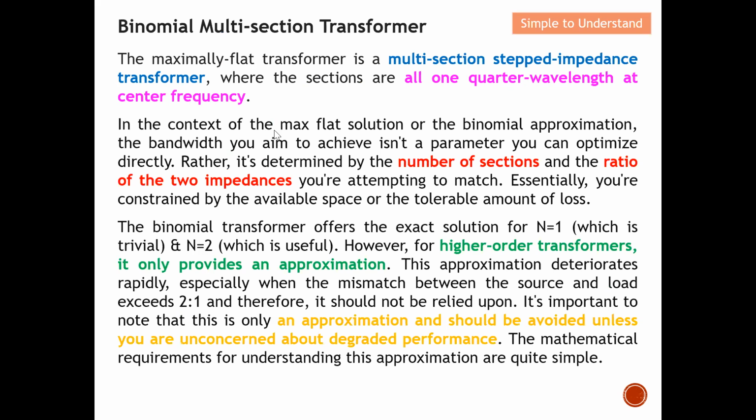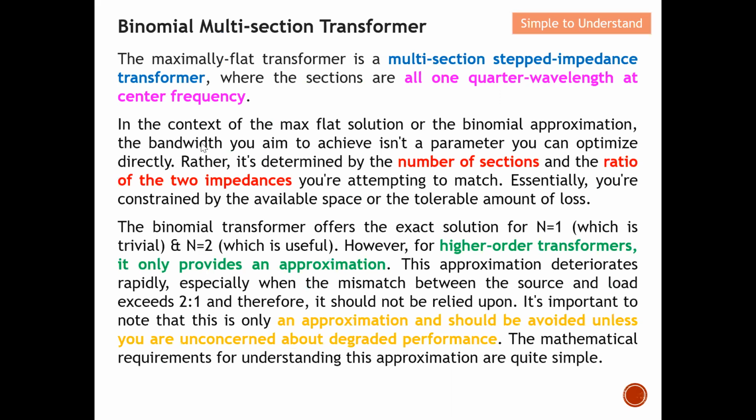In the context of the maximum flat solution or the binomial approximation, the bandwidth you aim to achieve isn't a parameter you can optimize directly. Earlier on I mentioned that by using this binomial, you basically cannot achieve your desired bandwidth.